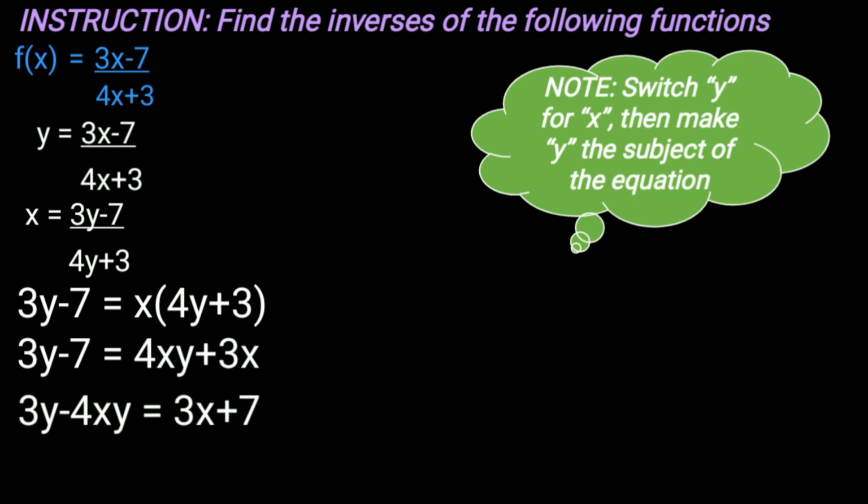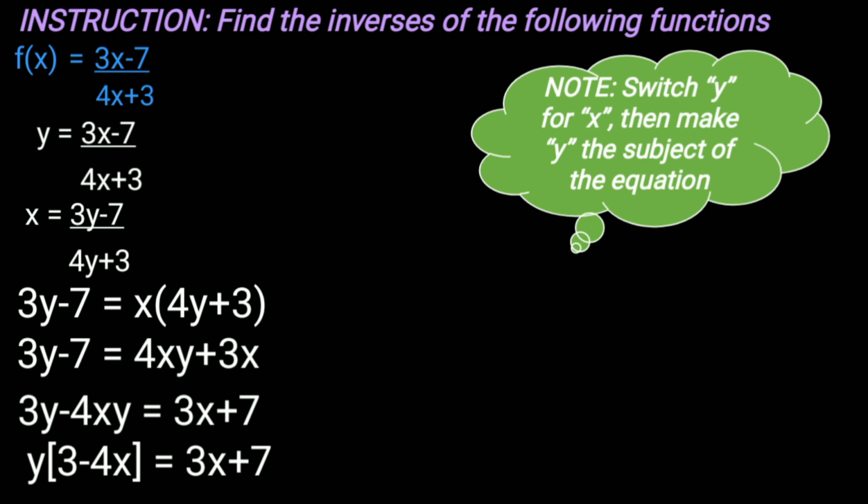So in this case, we have 3y. When 4xy moves to the other side of the equality sign, that becomes minus 4xy. And then minus 7 coming to the other side of the equality sign as well becomes 3x plus 7. So all we need to do here is to make y the subject, and we need to make use of y to factorize what we have on the left-hand side of the equation.